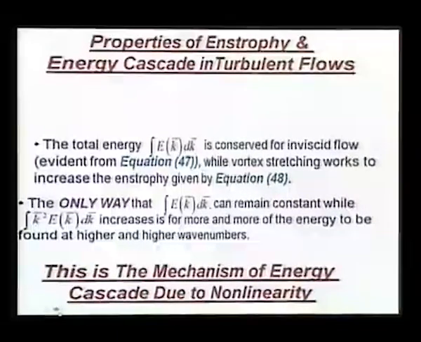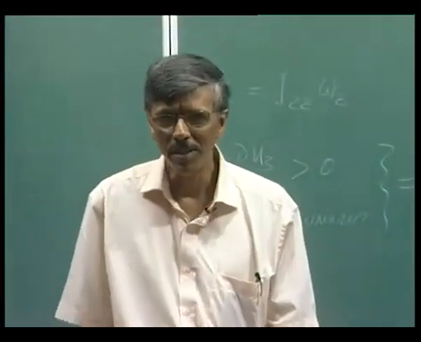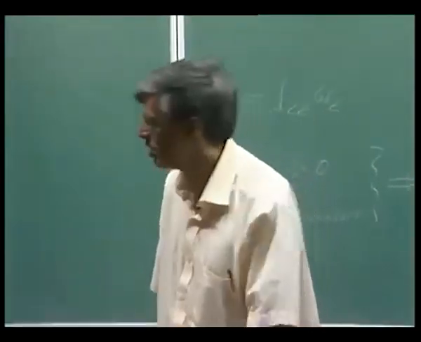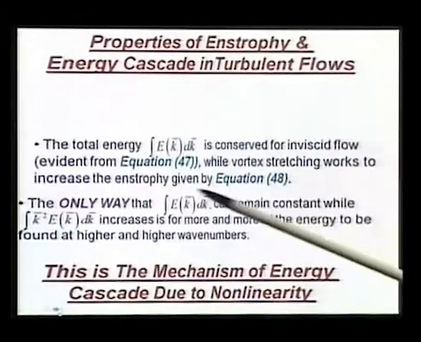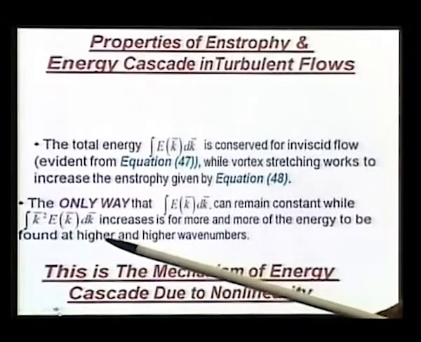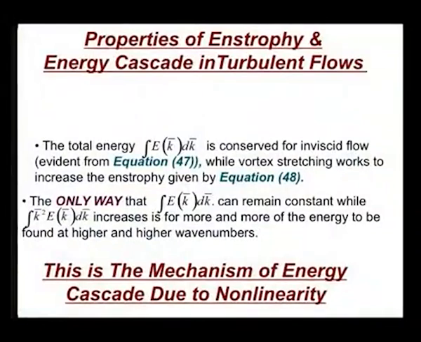How can that happen? It can only happen if you transfer the energy from low k to higher k, because it is multiplied by k square. So, if this contribution has to increase, then I have some low k contribution in E and transfer it to high k. This is the mechanism of energy cascade due to vortex stretching.